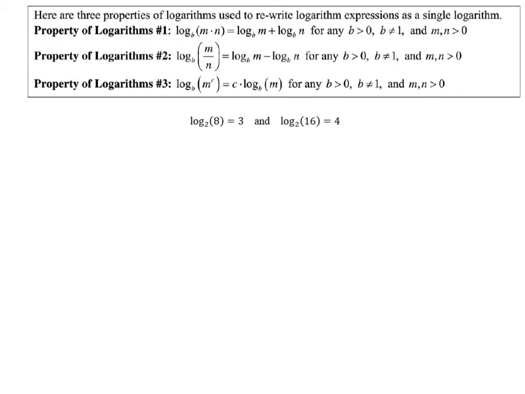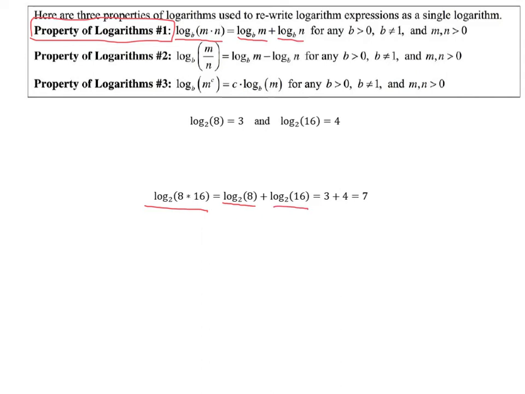So working strictly with logarithmic expressions and noticing the structure in our first line of reasoning, we can see the reasonableness of property of logarithms number 1, because log base 2 of 8 times 16 equals log base 2 of 8 plus log base 2 of 16, which equals 3 plus 4, and that equals 7.